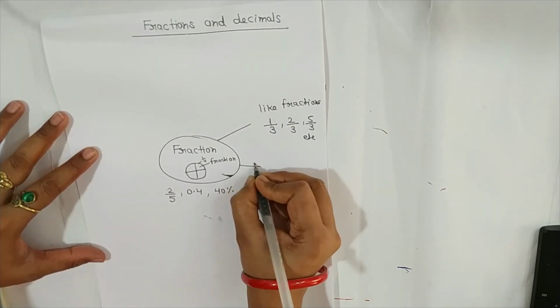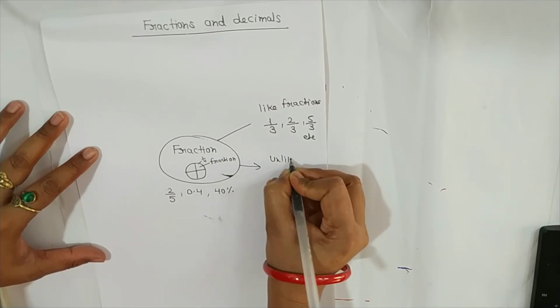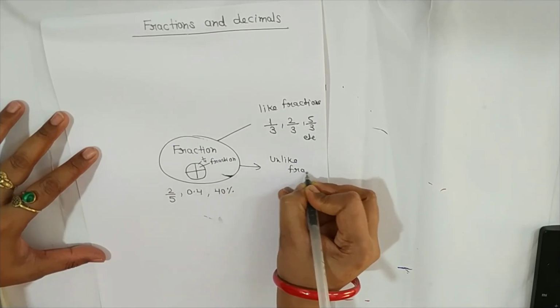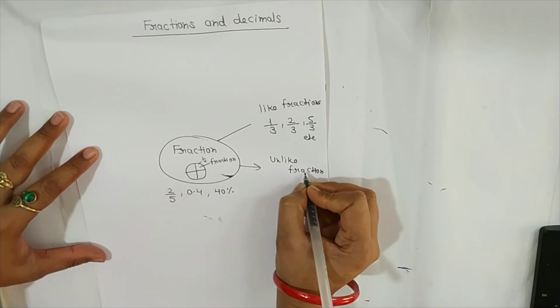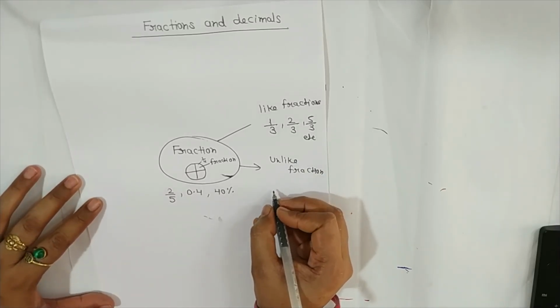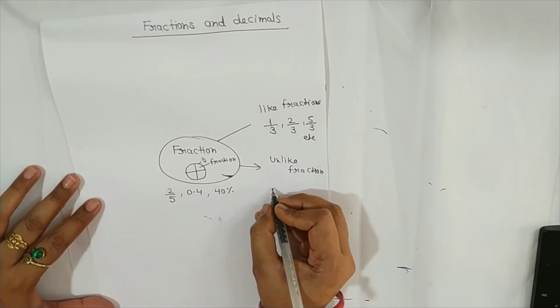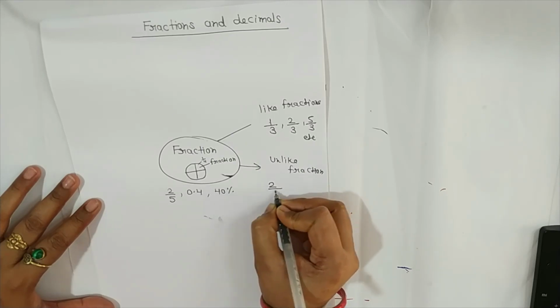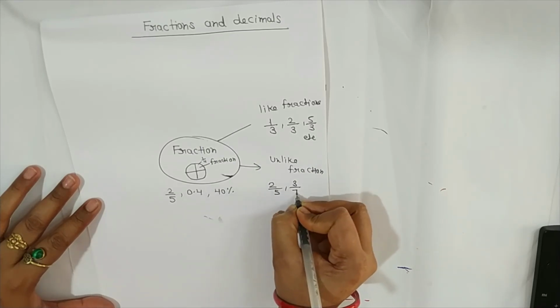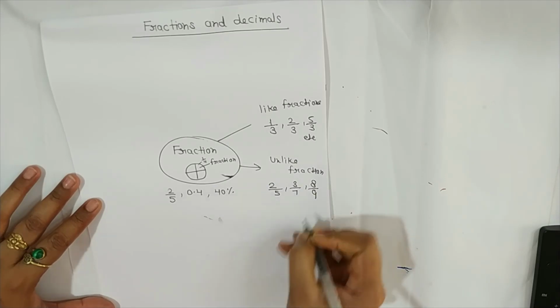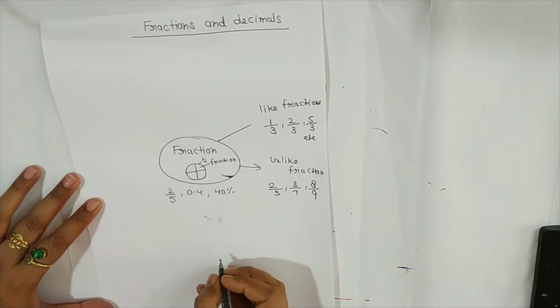Now second is unlike fractions. Fractions with different denominators are unlike fractions. Suppose 2/5, 3/7, 8/9. So these are unlike fractions.